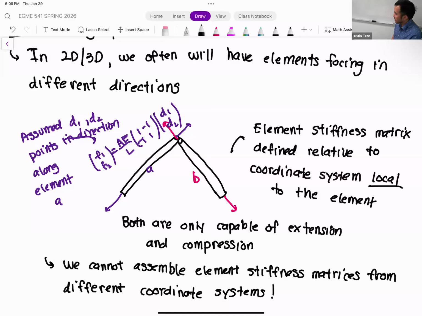Because otherwise it wouldn't make any sense, since the D1 or D2 of one element and the D2 of another element have to be facing in the same direction.